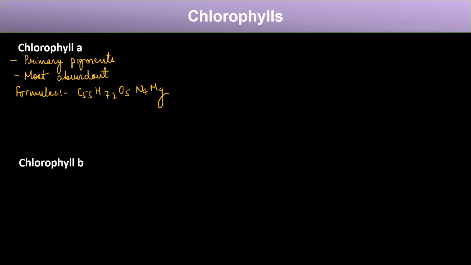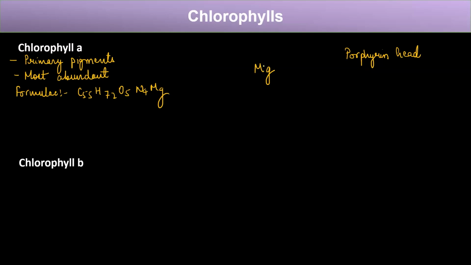Okay. So how does the structure look like? The structure of chlorophyll consists of two parts. The first part is known as the porphyrin head. Now, what does the porphyrin head consist of? It consists of a central non-ionic magnesium element.